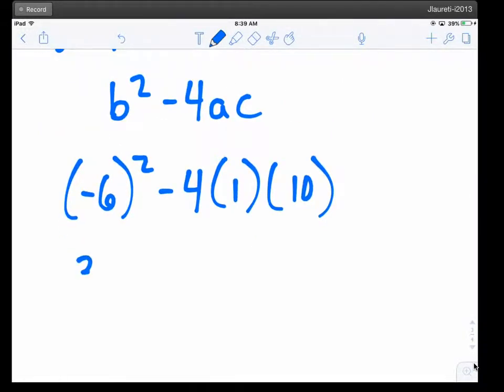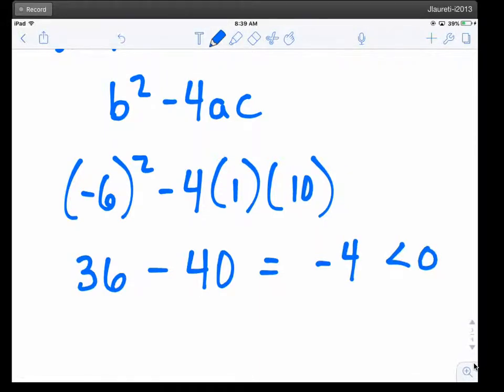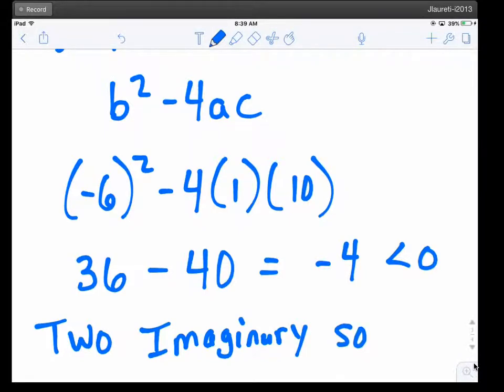Negative 6 squared gives me 36 minus 40, which is negative 4, which is less than 0. So what does that mean? You can just say two imaginary solutions.